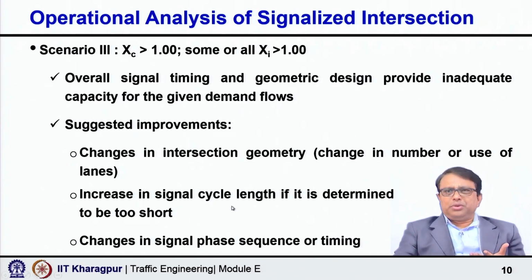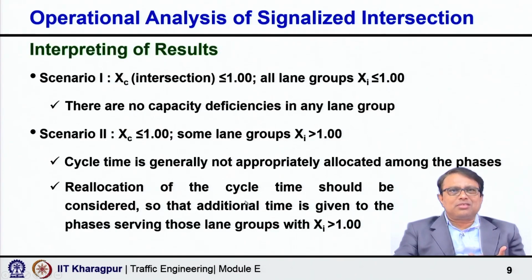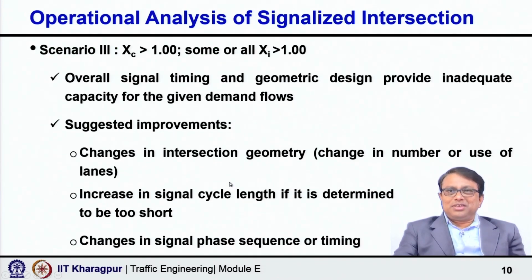So, these are the possible scenarios and what actions, if at all, are required. Suppose first case, no action, everything is fine. Second case, yes, reallocation of the green time. Third case, it is not only reallocation of green time, but change the number of lanes, use of lanes, increase the cycle length if it is determined to be too short, and also change the signal sequence or phase sequence or timings. Multiple interventions may be required.